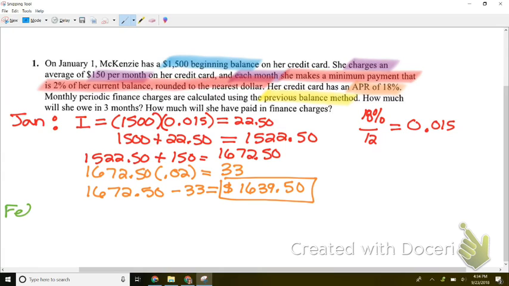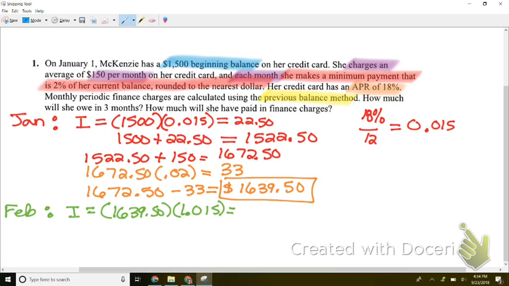So for February, her principal is $1,639.50. Now, I'm going to try to save some work here. Rather than finding 1.5% and then adding it, I'm going to multiply by 1.015, and then that will give me the ending balance with the interest plus the principal.